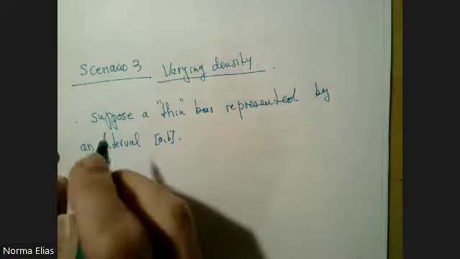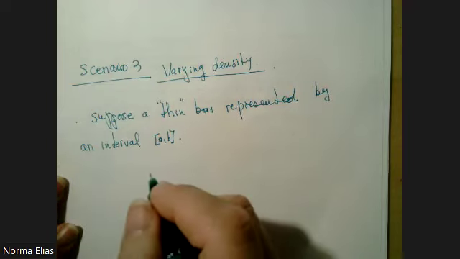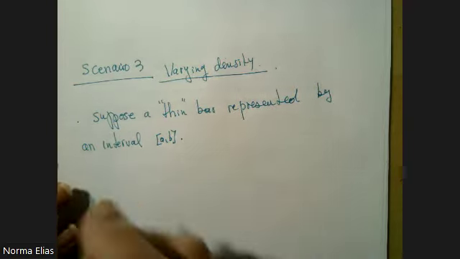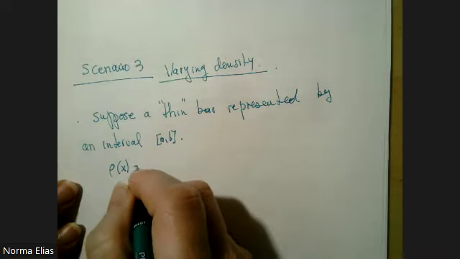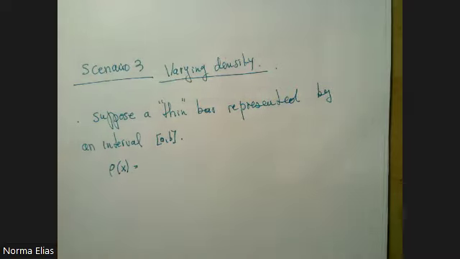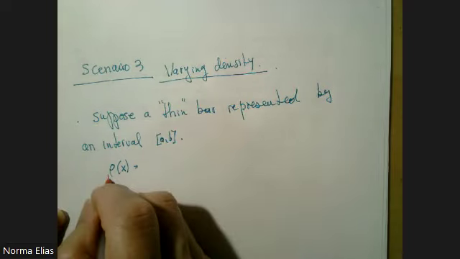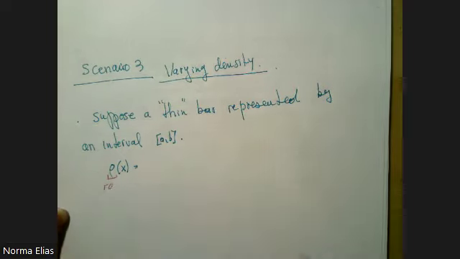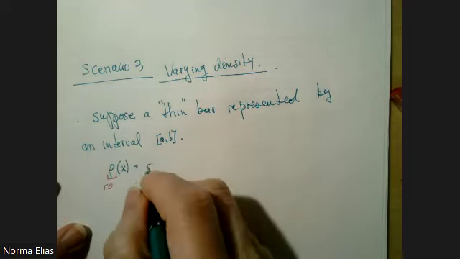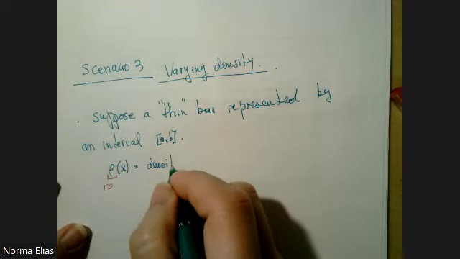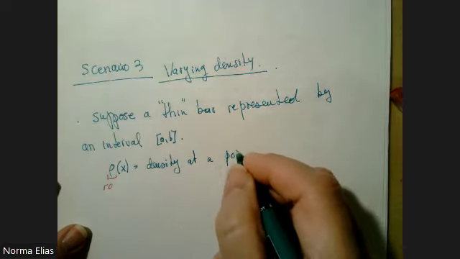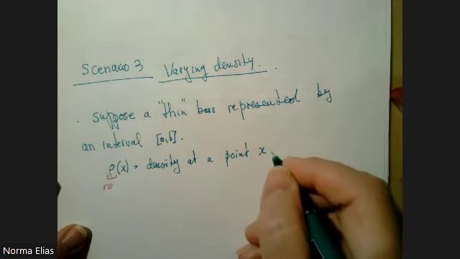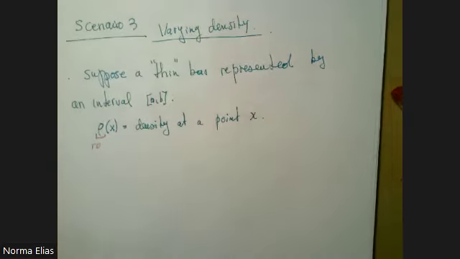And assume that the density is changing continuously. Let us call rho of x, this letter here is pronounced rho, rho of x is the density at a point x. So the density now changes continuously.